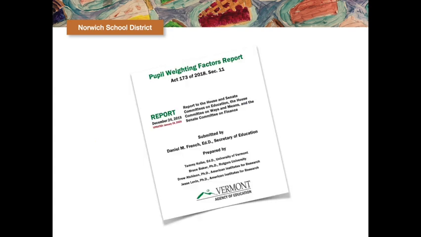Okay, with that history and tax rate calculation as foundation, we're finally getting to the main topic. What is the pupil weighting study, and what does it mean for Norwich? In 2018, the legislature passed Acts and Resolves 173, which, in part, commissioned a study on the existing pupil weights to determine whether or not they were adequate and equitable, in particular because they dated back to Act 60 of 1997.